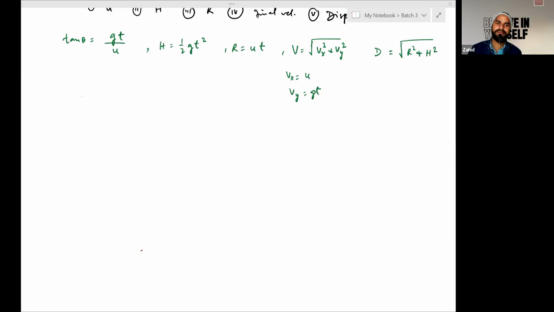Good, Sham. Put all the values in the first part: tan 45 equals 1, g is 10, t is 3, divided by u.